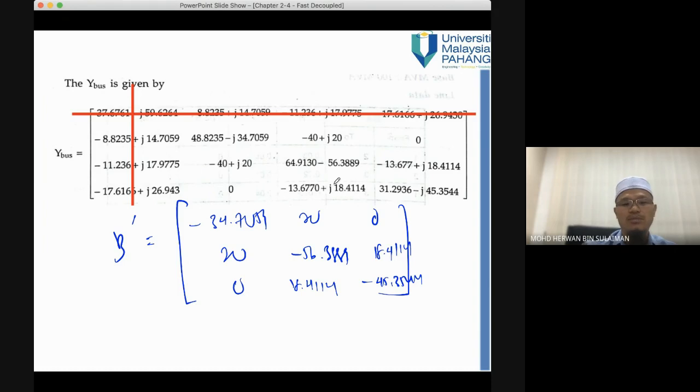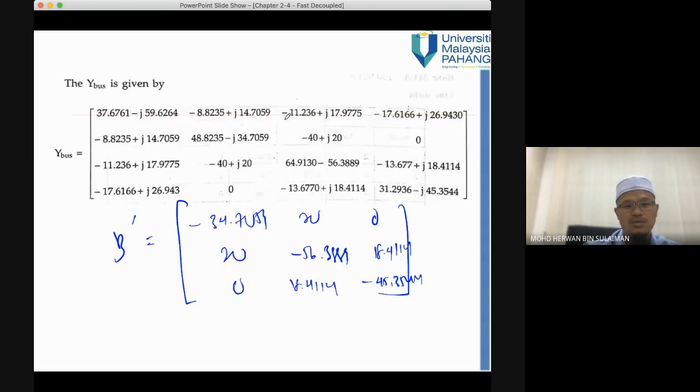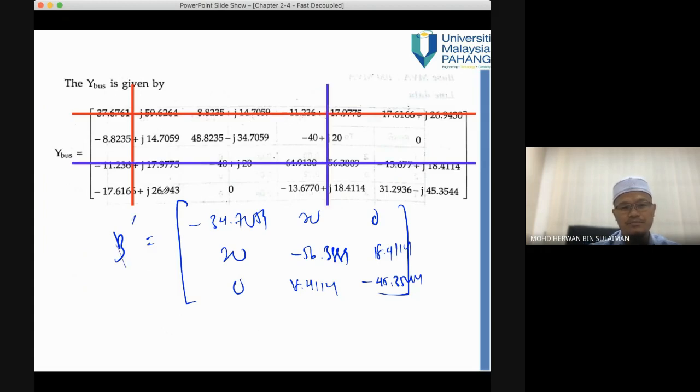Kemudian buat B double prime. B double prime since kita punya bus 3 you punya PV bus, so you kena pilih dekat bus 3 lah. Ni teknik penghapusan 3-3. Row 3, kolom 3. So yang tinggal B double prime ialah, so tinggal 2 kali 2 kan.